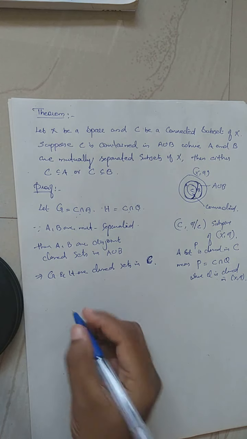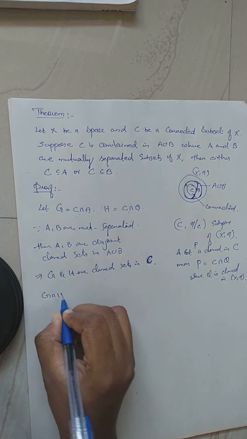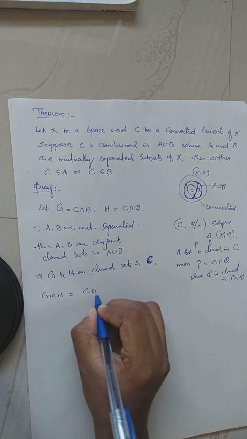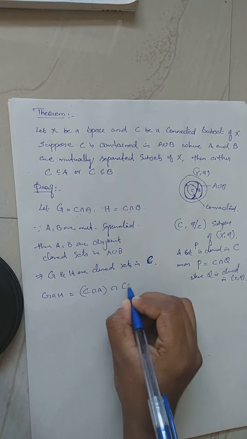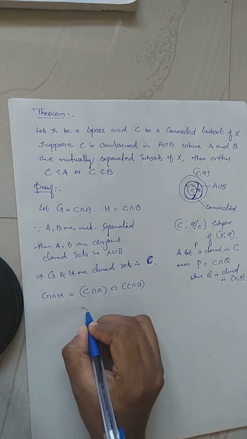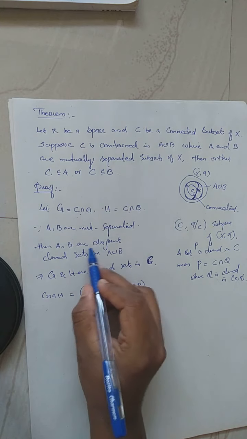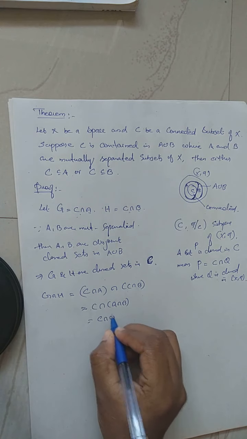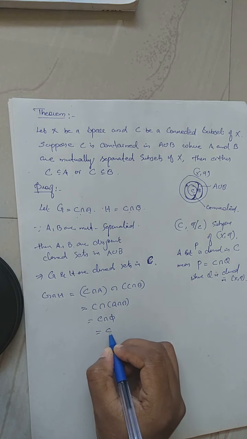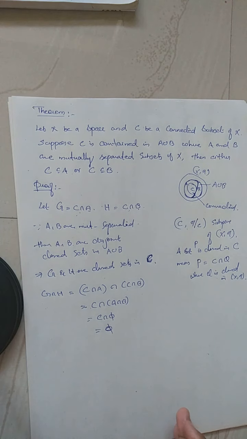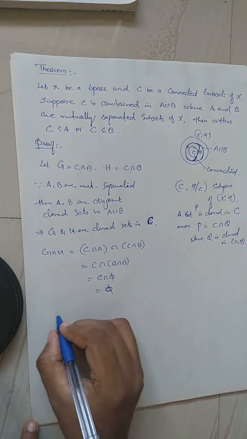Okay. Then what is G intersection H? G intersection H is equal to C intersection A intersection C intersection B, which can be written as C intersection A intersection B. Since A and B are disjoint, it is C intersection empty, which is equal to empty. And what is G union H?